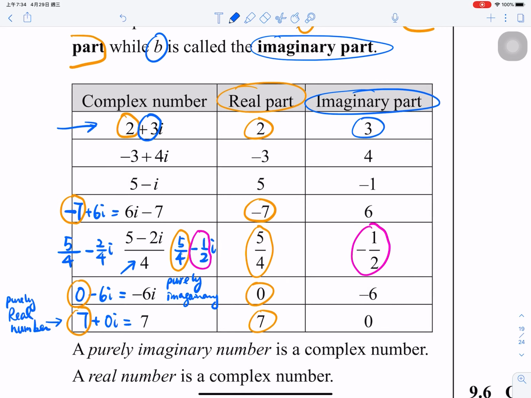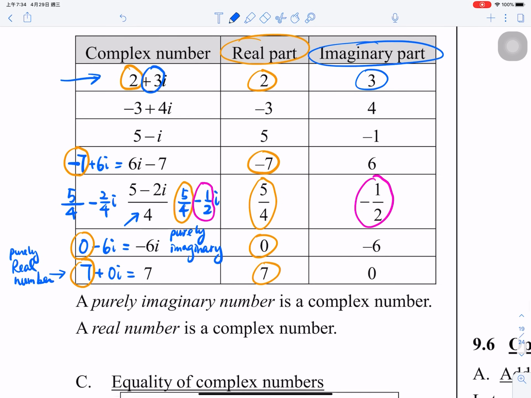So hope you understand these two different kinds of words. So purely imaginary number, remember this one, is also a complex number.